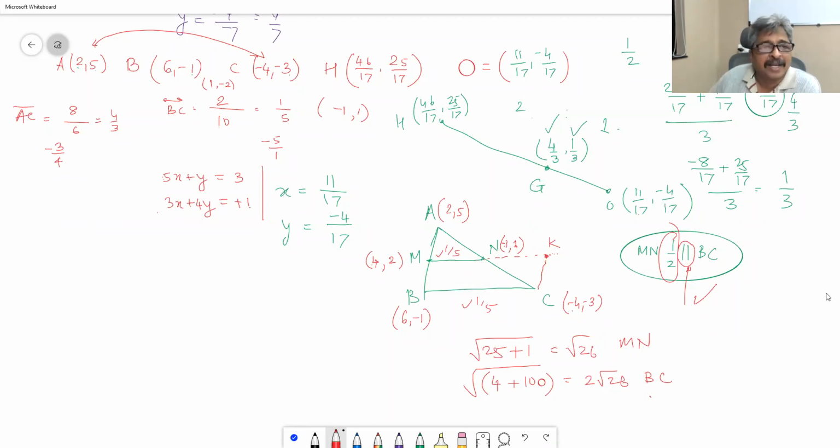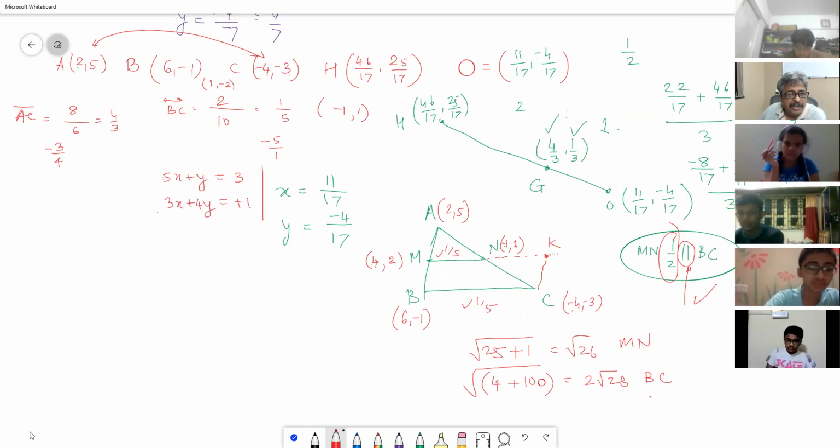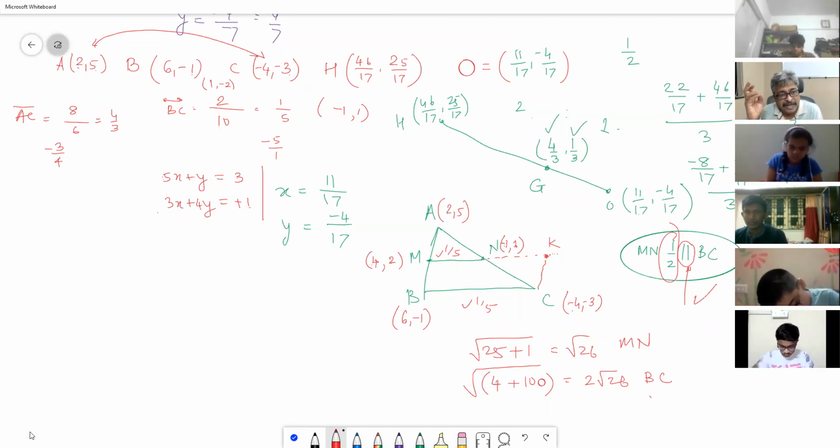Do you realize the power of coordinate geometry? Everything falls in place. If we know basic tools like finding distance, finding section formula, equation of straight lines in different forms, how to find equation of perpendicular line passing through a given point, basic tools of geometry, then dealing with coordinate geometry is simple.